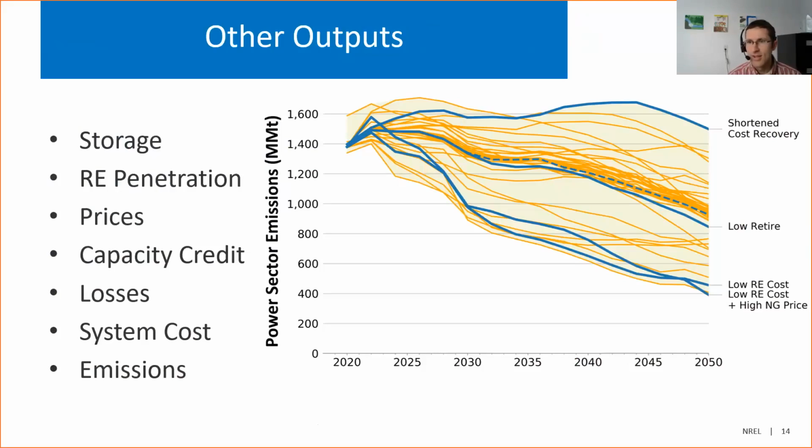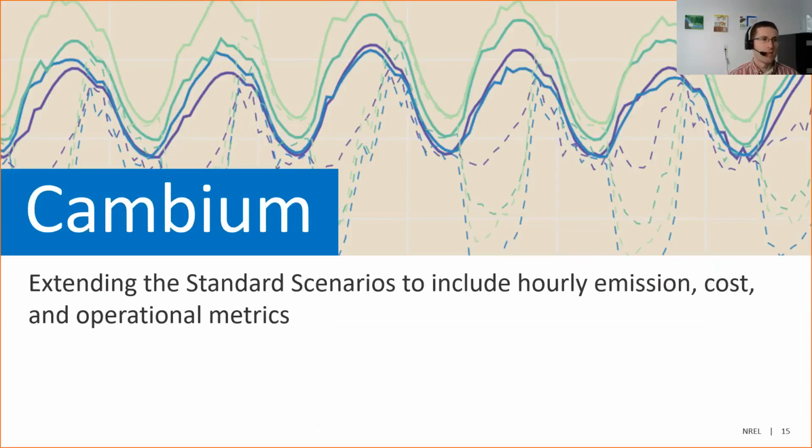We put emissions here to show you what CO2 emissions look like across the suite of scenarios. We're trying to provide a range of outcomes, a range of possible futures that help facilitate and enable more analysis and more effective decision making as we move forward. So I'm going to stop there and let Peter pick things up with the Cambium output pieces here.